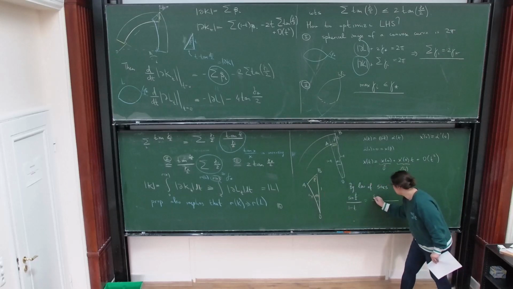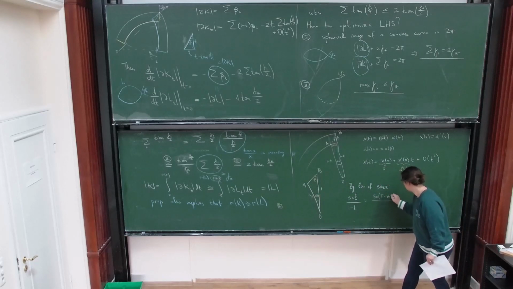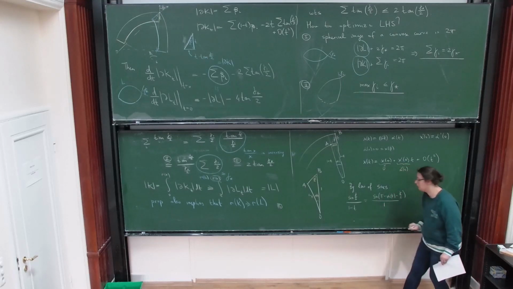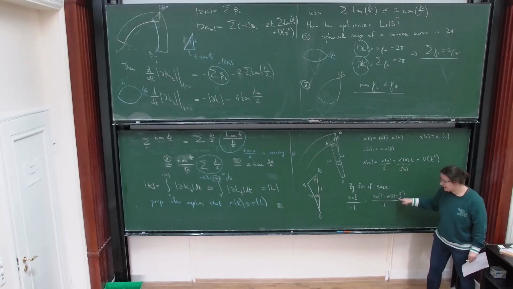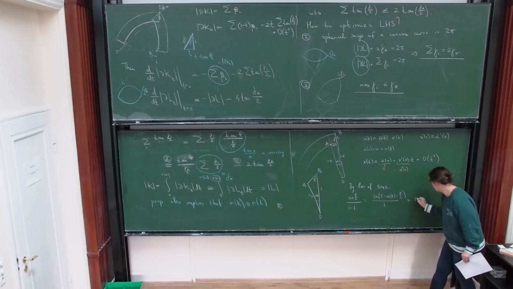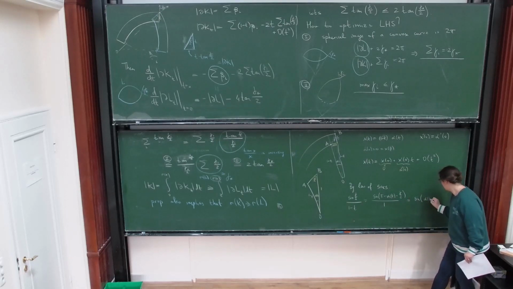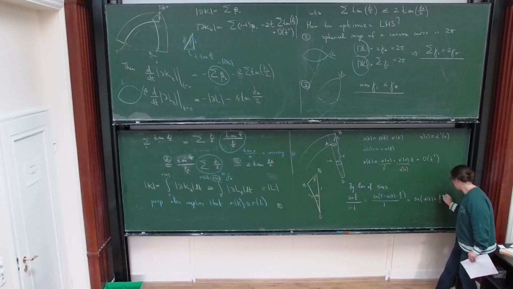So here I have sine of pi minus alpha of t minus gamma over 2, over 1. The sine of pi minus this angle is again the sine of the sum of the two. So this is really just sine of alpha plus gamma over 2.